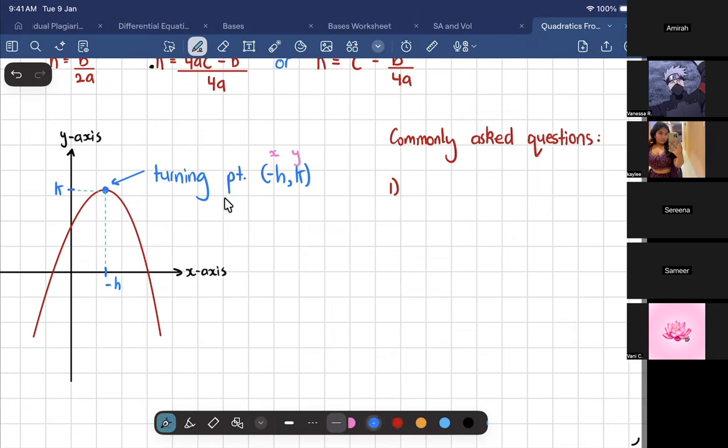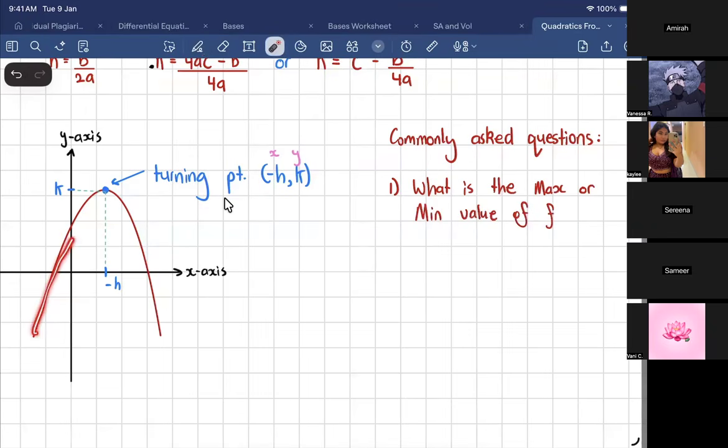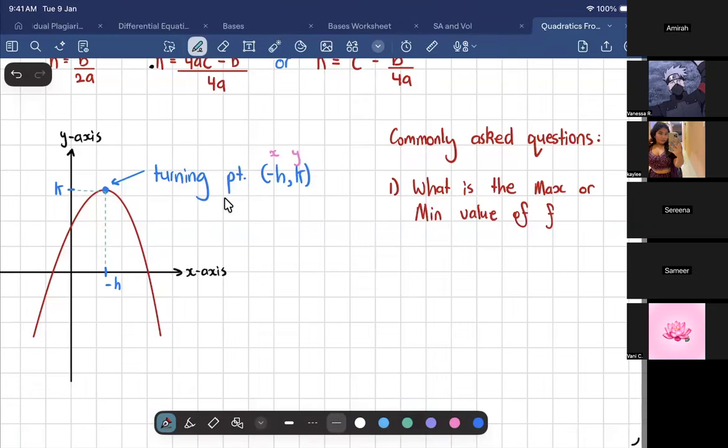Number one, what is the maximum or minimum value of f of x? So f of x is just the function, and it's graphed by this quadratic over here. So this represents f of x, which is the function. So they're asking us, what is the maximum or minimum value of f of x?